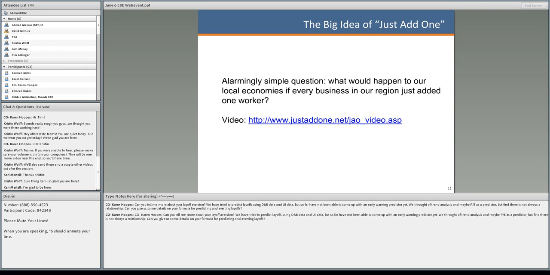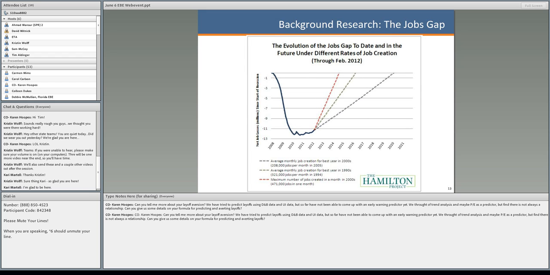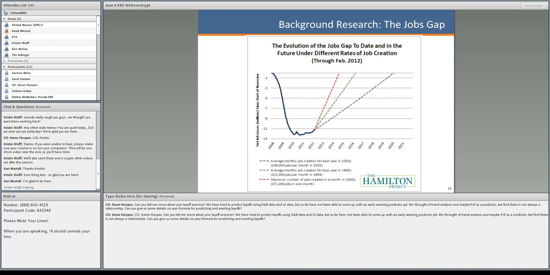So that's the framing, and I hope that some of these examples will promote some good questions as we go through this. So a little bit of the background information. And again, I'm guessing that many of you have either seen this or you have most likely done some of this research yourself.